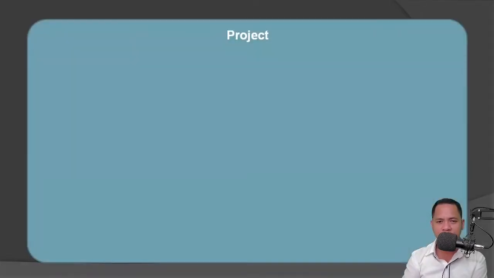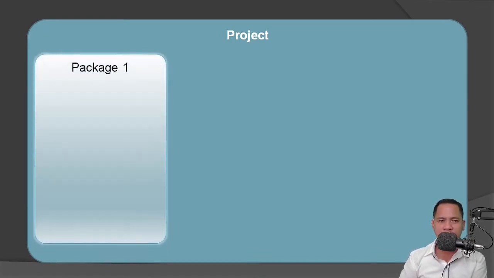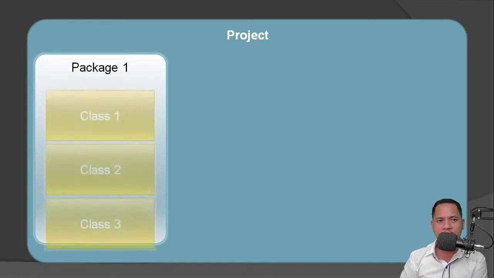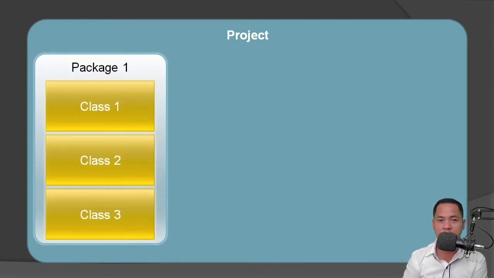A Java project can contain several packages. And inside of a package is where you can put all the classes that belong to a group. Just think of a package as a folder that allows you to group your classes into more logical groupings.